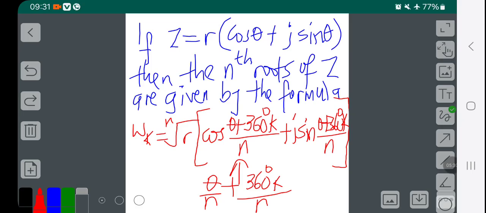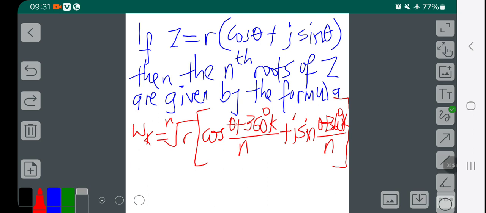So it's the same thing, because my denominator is the same, n and n, which means it's theta plus 360 degrees multiplied by k over n. Don't be confused about that. I just combined it.